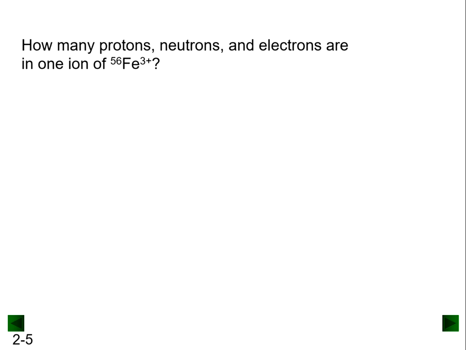So how many protons, neutrons, and electrons are in one ion of iron 56 trication? And notice that the number comes before the sign, so it's 3+ as opposed to +3. Pause and calculate that for yourself.